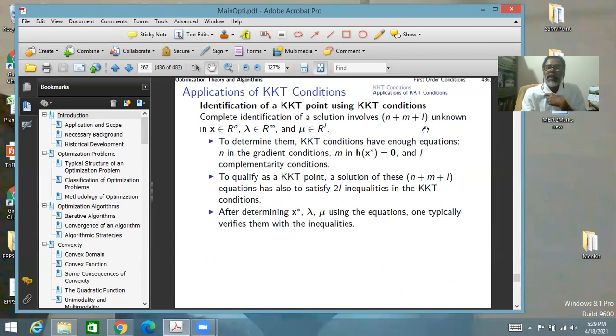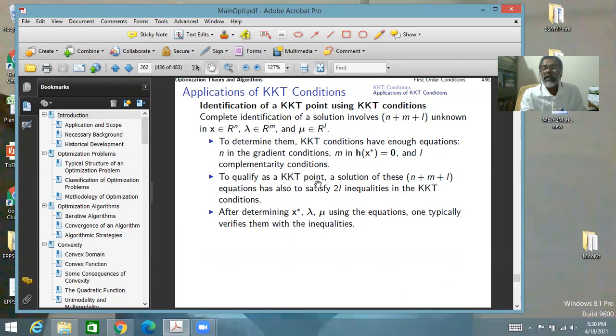So n plus m plus l equations you get. Of course, they are nonlinear in general. The complementary conditions are always nonlinear, bilinear to be precise. In fact, it depends upon G, but whatever simple G is, it will be at least bilinear. So nonlinear certainly. Others also in general will be nonlinear.